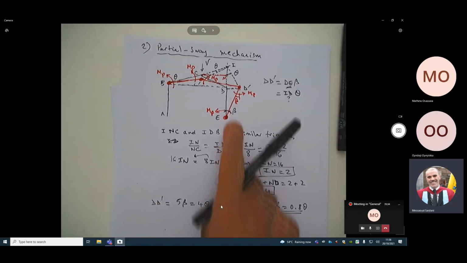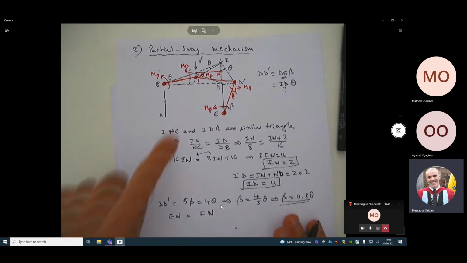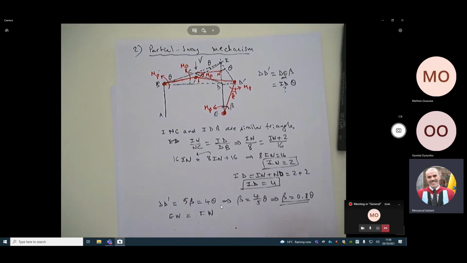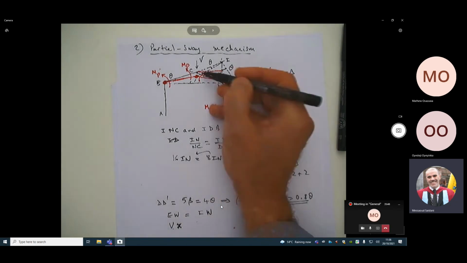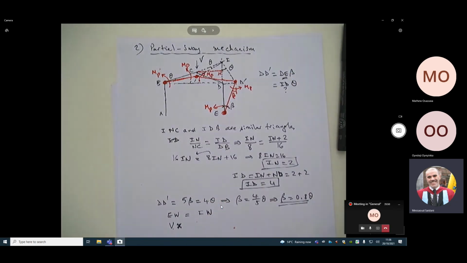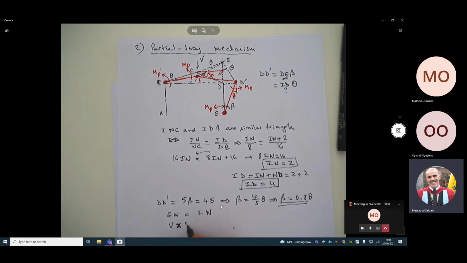So now we can write the external work and the internal work. The external work, we have V times the vertical displacement, and the vertical displacement is 8 times theta.